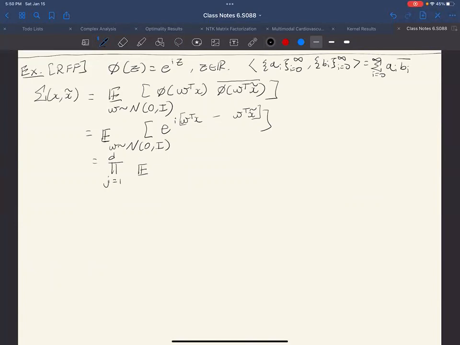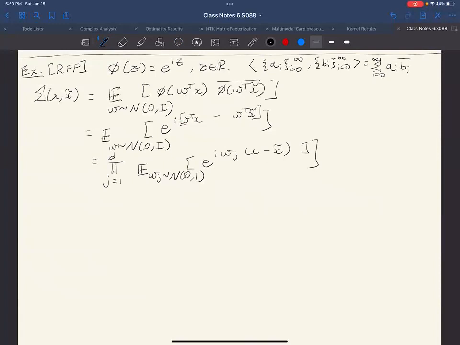Now it's just the expectation over w_j drawn from a standard normal of e to the i times w_j x minus w_j x tilde. And of course, what I can do is factor out the w_j here. So I'll write it as w_j times x minus x tilde.